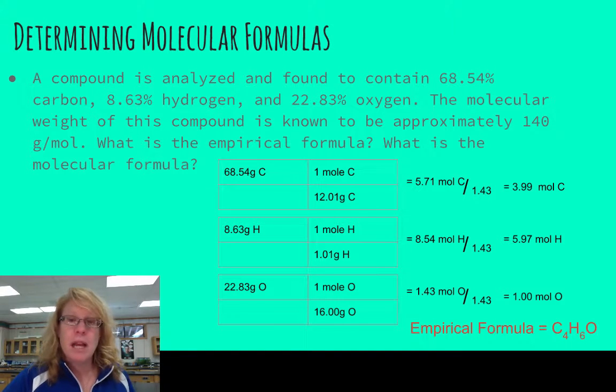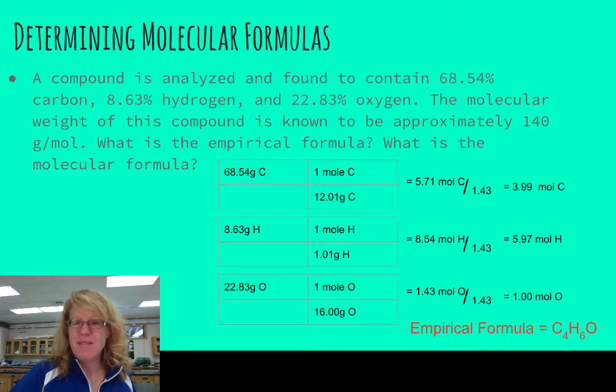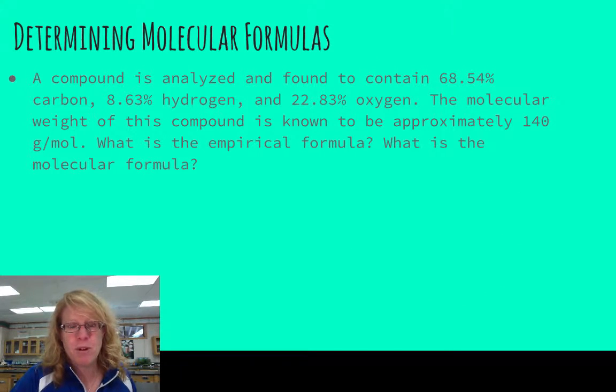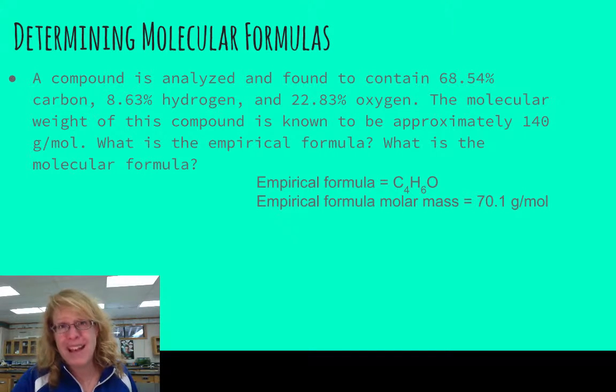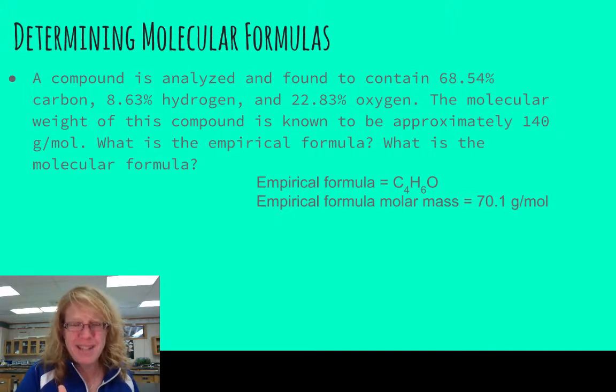Okay, next part. Now I've got my empirical formula, and I'm going to use that to figure out what the mass of that one thing is. So here's my empirical formula again, C4H6O. What does that thing weigh? My empirical mass for this thing is, if I take 4 carbons, 6 hydrogens, and 1 oxygen, add them all together, I get an empirical formula molecular mass, sounds crazy to say that, of 70.1 grams.